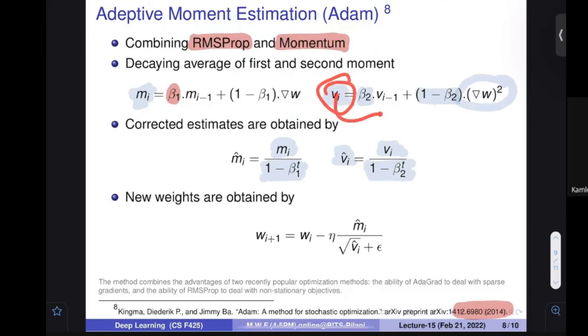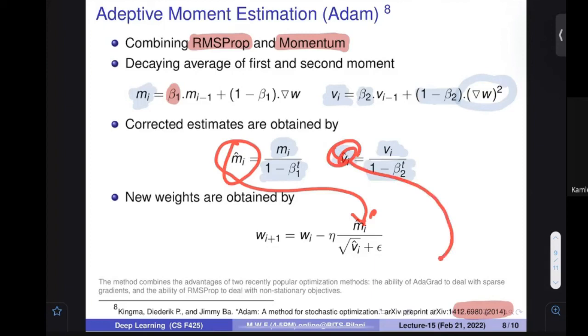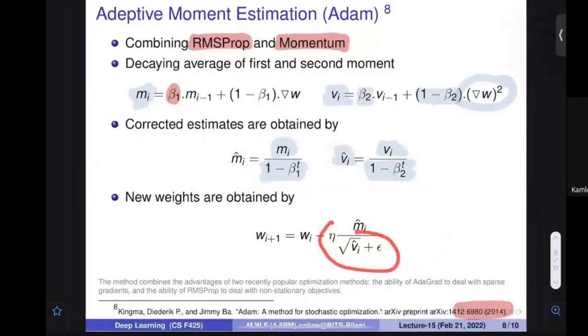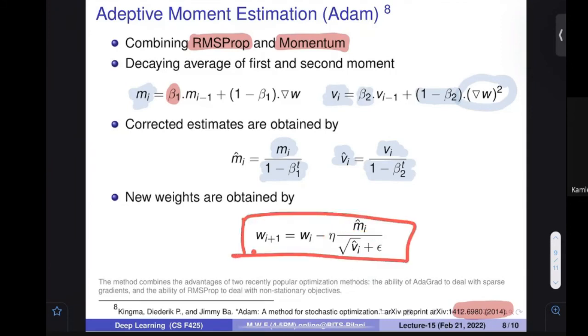Using this formula, it finds the estimates, and then using mi and vi it finds the multiplying factor: eta divided by the square root of vi plus epsilon, multiplied by mi. Using this kind of formulation, I am going to update my parameters.